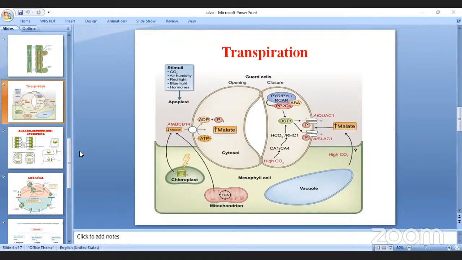And third, where it is a constituent part of the plant, that means where it is present in the plant body. These three are important. Let me explain briefly.